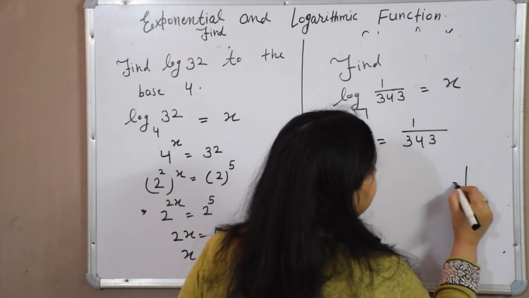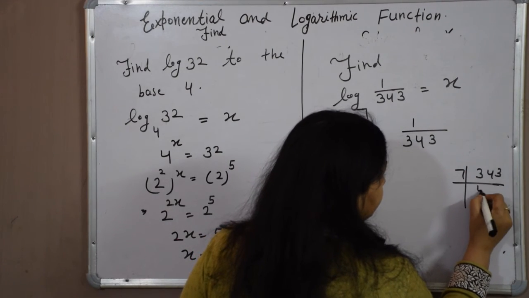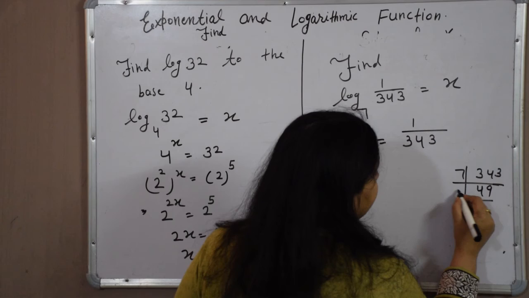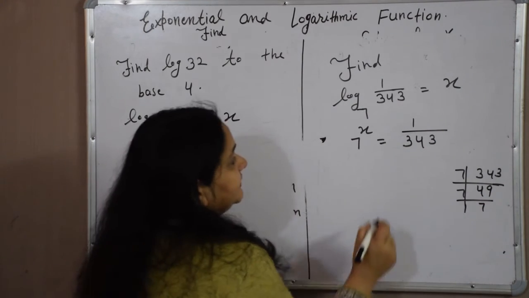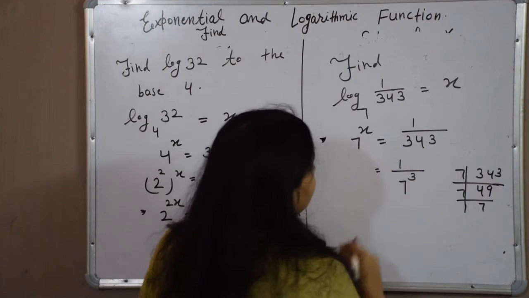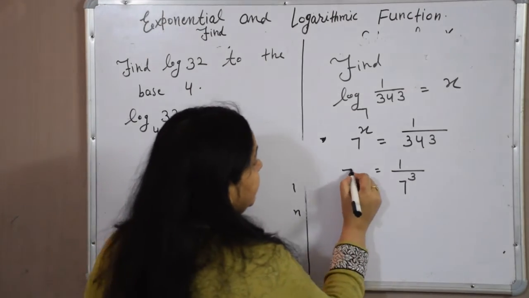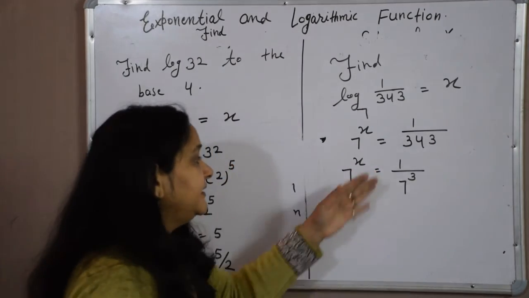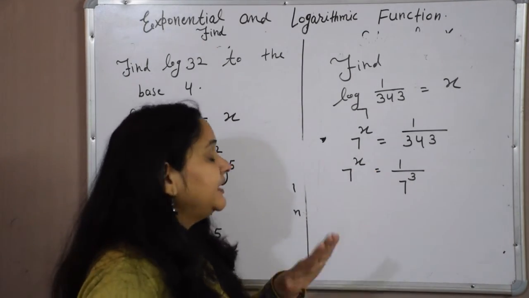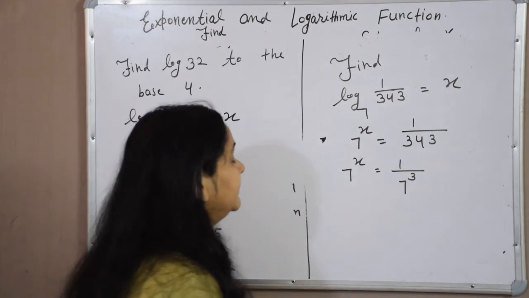Now whenever we make the factors of 343, we get 7 cube, but we can't equate 7 raised to power x and 1 by 7 cube. So they should both be in the numerator or both in the denominator.